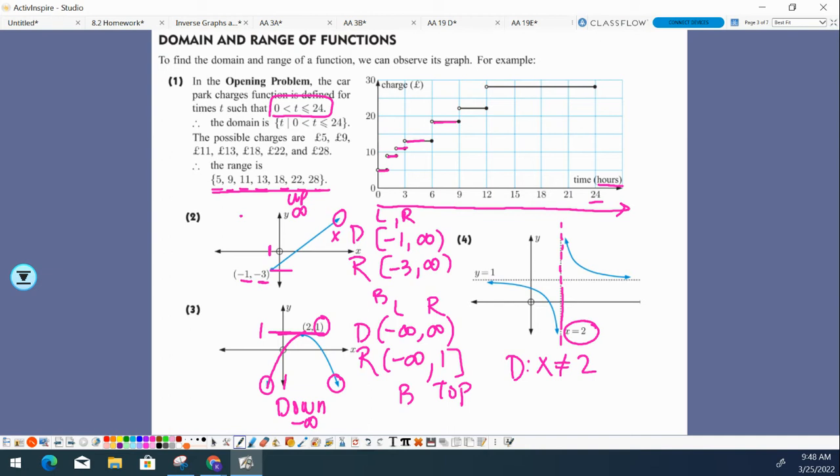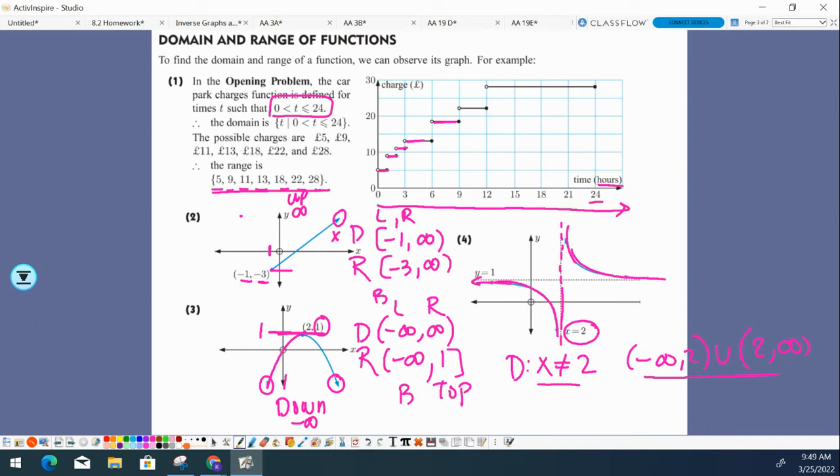So another way we can write that is we say from -infinity all the way to the left, all the way up to 2, but not including 2, unioned with, starting at 2 on the right side, going all the way to infinity. So that's just another way you can write it. Either one of these is acceptable.